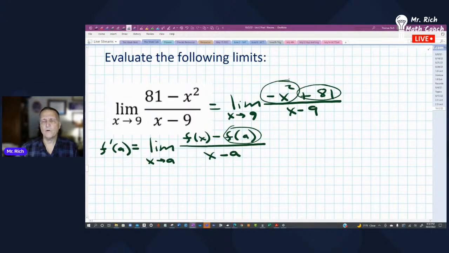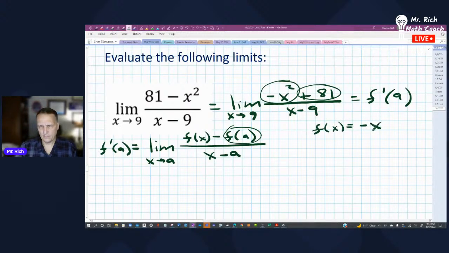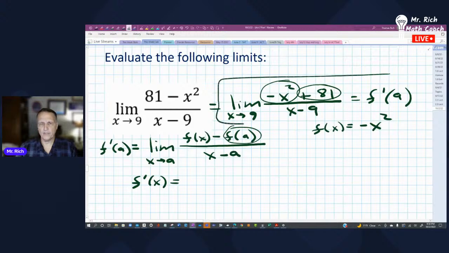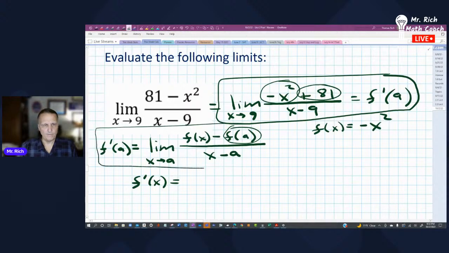Okay, so this really is the derivative of f of x evaluated at 9, where f of x would be the function negative x squared. So what am I going to do? I am going to find the answer to this, I am going to take f prime of x. All right, so again, I want you to notice what I did was using my knowledge of this particular definition of a derivative.